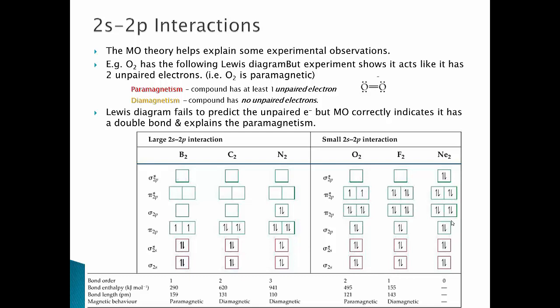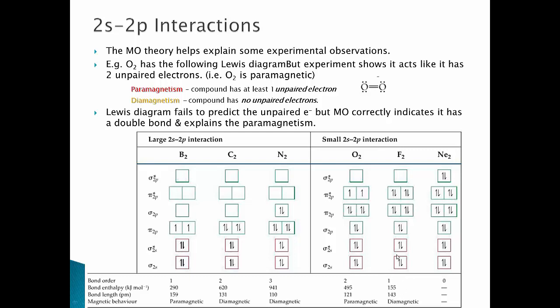Okay, so when we look at oxygen, this is kind of our classic case here. The Lewis diagram shows a double bond and two lone pairs on each oxygen. But experimental data shows that oxygen acts like it has two unpaired electrons and it's paramagnetic. The Lewis diagram fails to predict the unpaired electrons, but molecular orbital theory can predict this and the bond length.